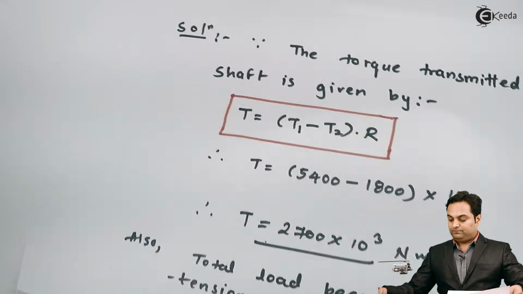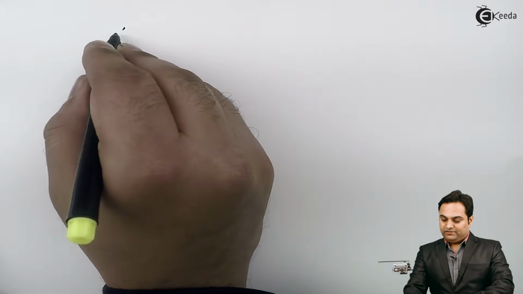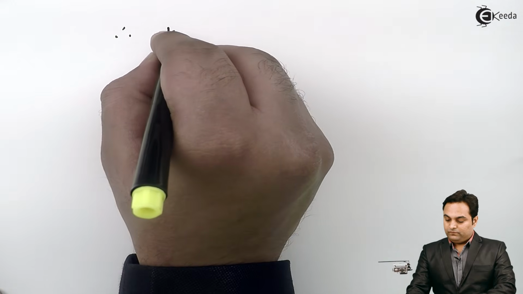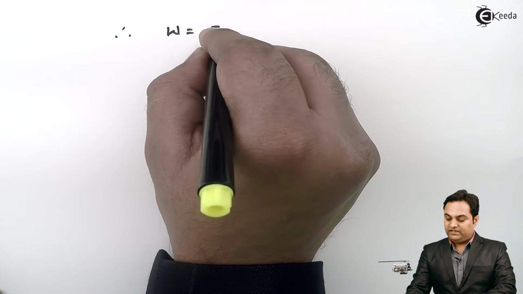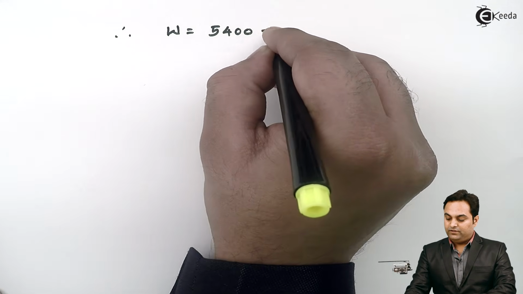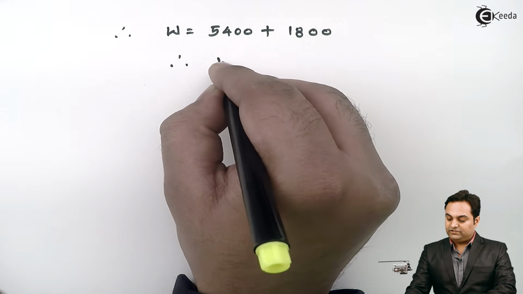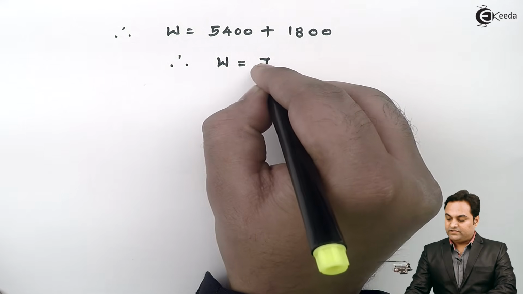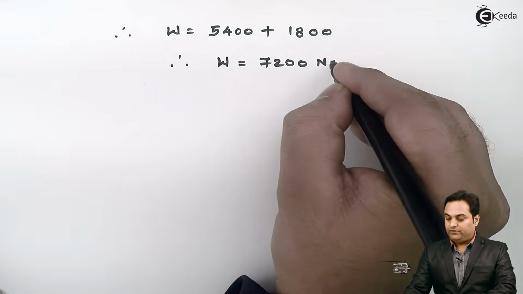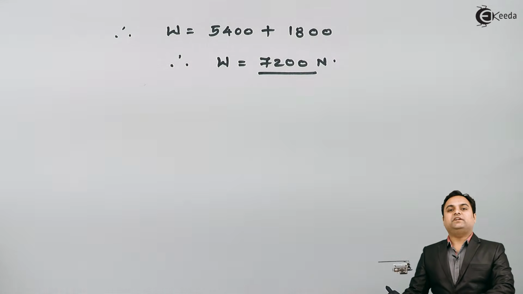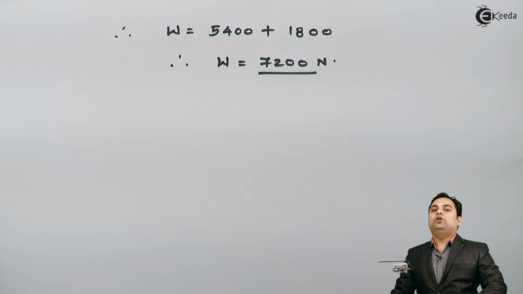So therefore I'll write it onto the next page. W is equal to tension in tight side, that is 5400, plus tension in slack side, that is 1800. From this I will get my answer of W as 7200 Newton. This much is the weight which is acting on the overhanging portion of the pulley.